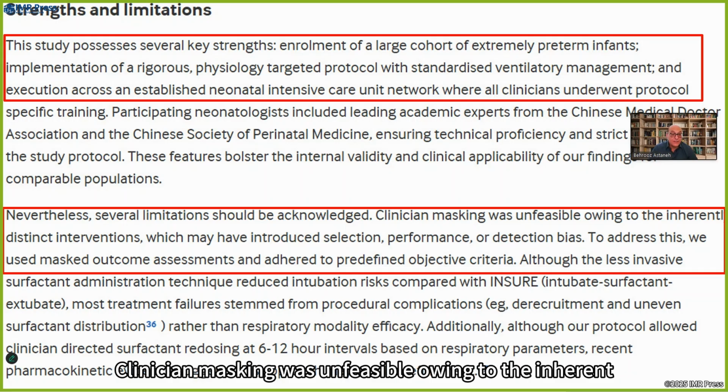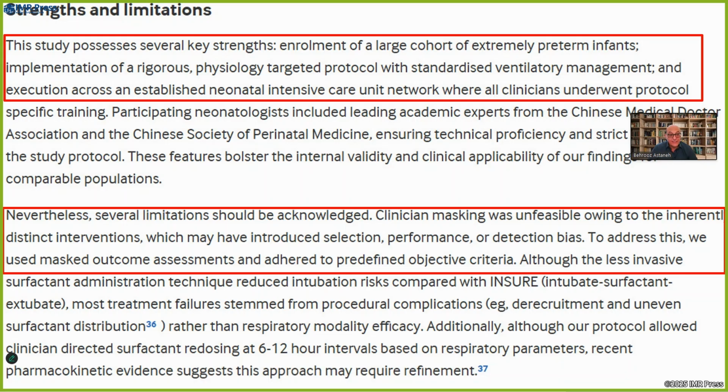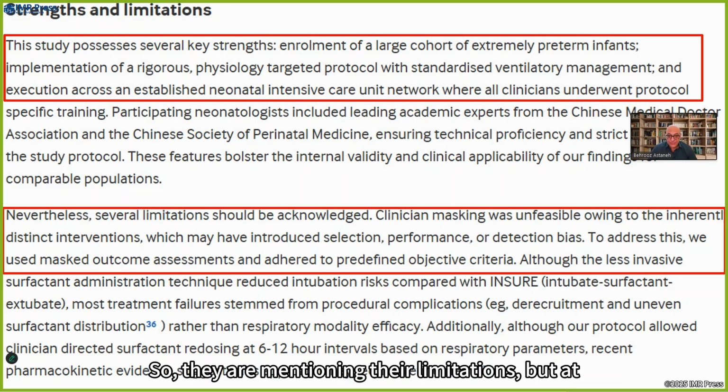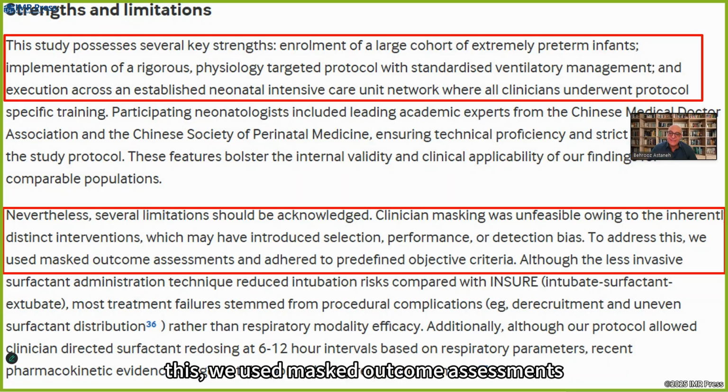Clinician masking was unfeasible owing to the inherent distinct interventions, which may have introduced selection, performance, or detection bias. So they are mentioning their limitation, but at the same time, they continue that to address this, they used masked outcome assessment and adhered to predefined objective criteria.